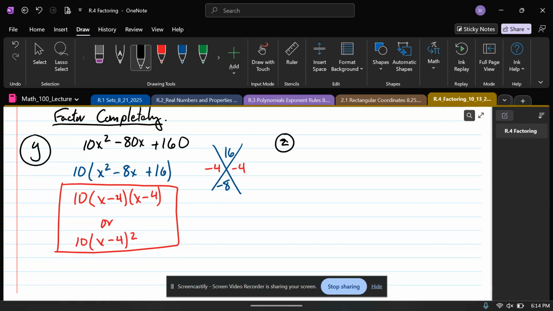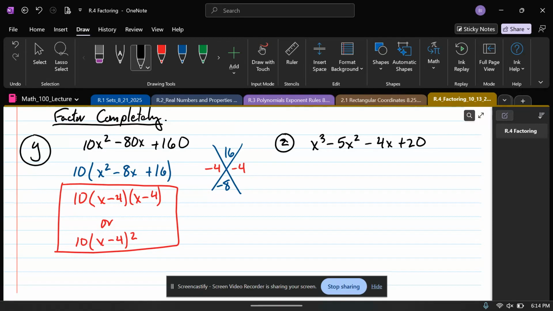So example Z, let's do x to the third minus 5x squared minus 4x plus 20. So it's in the right order.